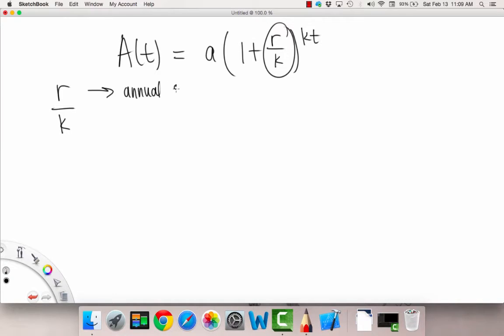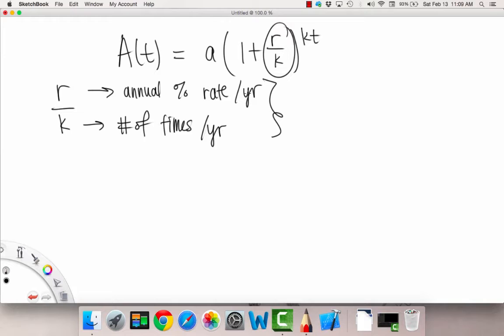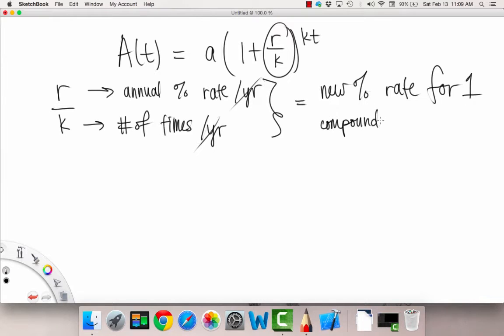So annual percentage rate per year. And k is the number of times per year that you're compounding. Ultimately the per year cancels out, and this isn't annual anymore, but is the new percentage rate for one compounding period. So what do I mean by this?